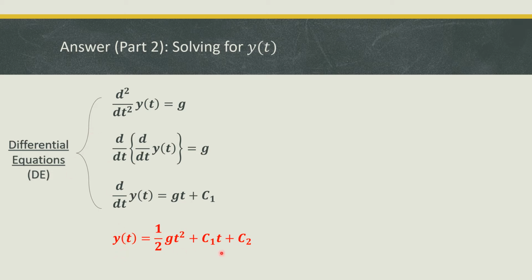And this y of t, which is a function that satisfies our initial differential equation and is also a function without derivatives, we call the solution to the differential equation. This is what we mean by solving a differential equation: we are looking for a function that satisfies the differential equation and at the same time does not contain any derivatives in itself.